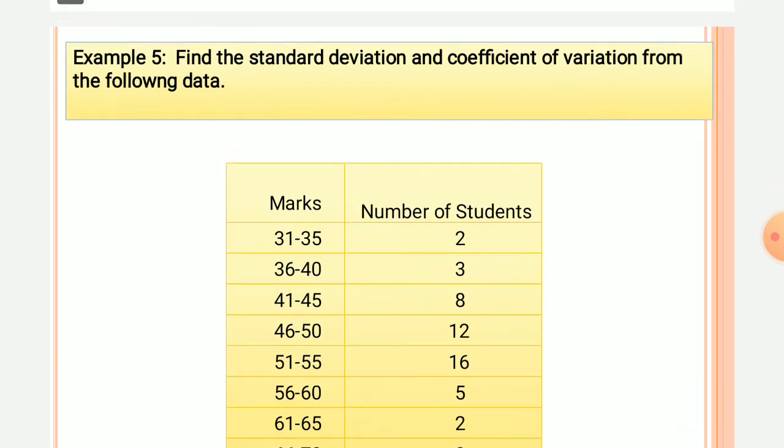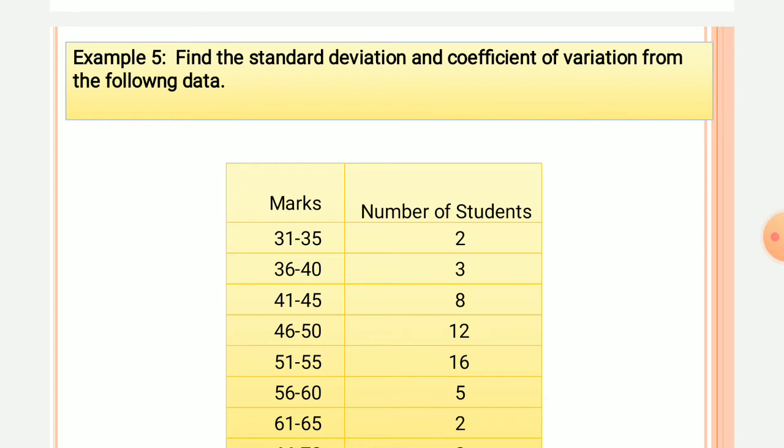The problem is based on an inclusive class interval, so first we have to convert the inclusive class interval into an exclusive class interval by taking into account the correction factor.